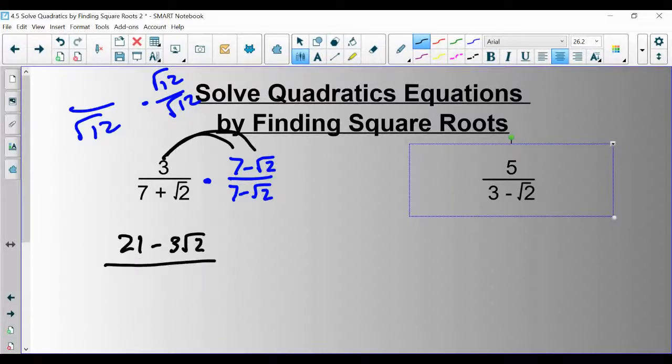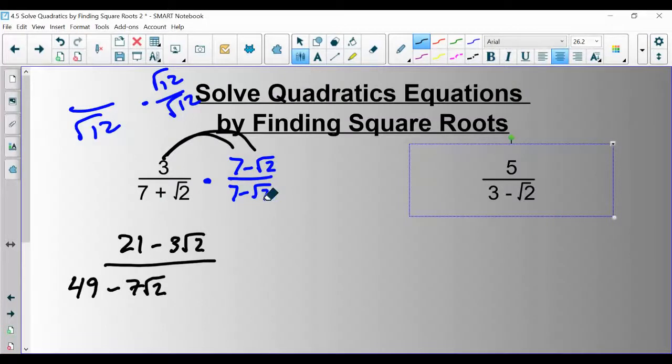Now let's FOIL our denominator. 7 times 7, of course, is just 49. And then we have to do 7 times negative root 2, and we just went over something really similar. You're going to take the one that's not in the root and write that first, and then the root after it. So because it's a positive times a negative, it's going to be minus 7 root 2.